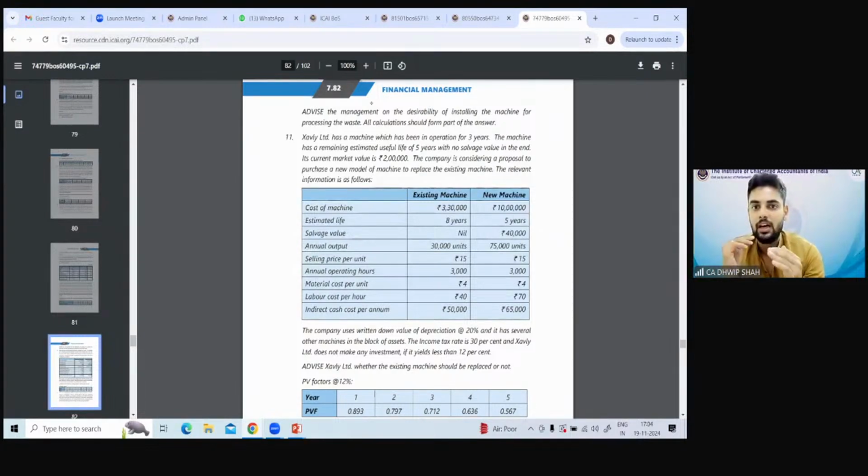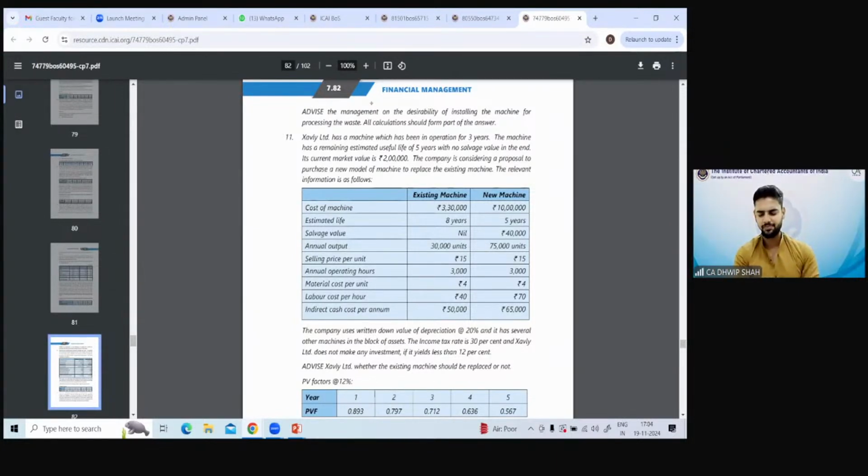Under replacement decision questions, you need to calculate incremental NPV. What do you mean by incremental NPV? Incremental NPV means additional NPV that the company would be generating if replacement is done.